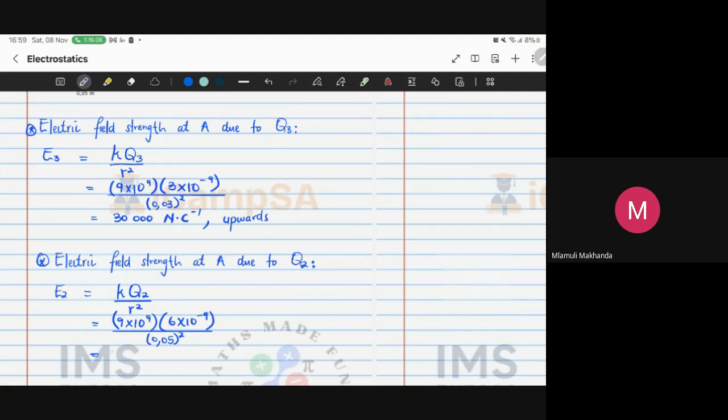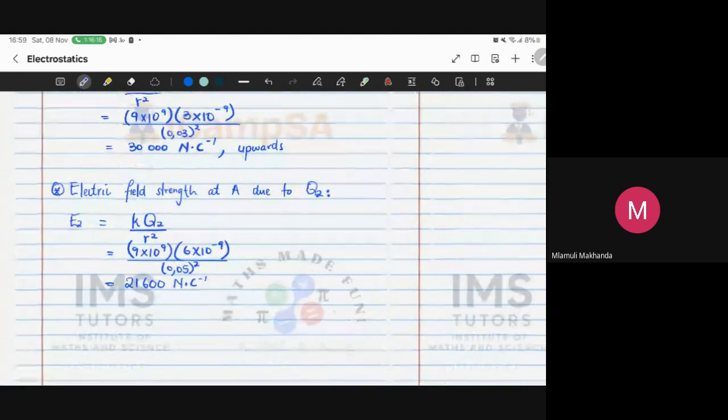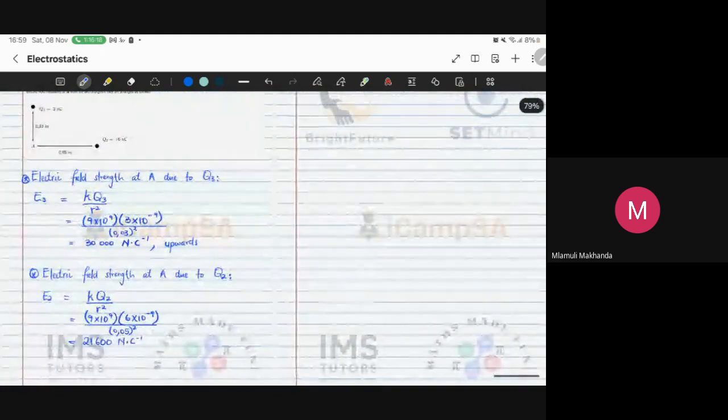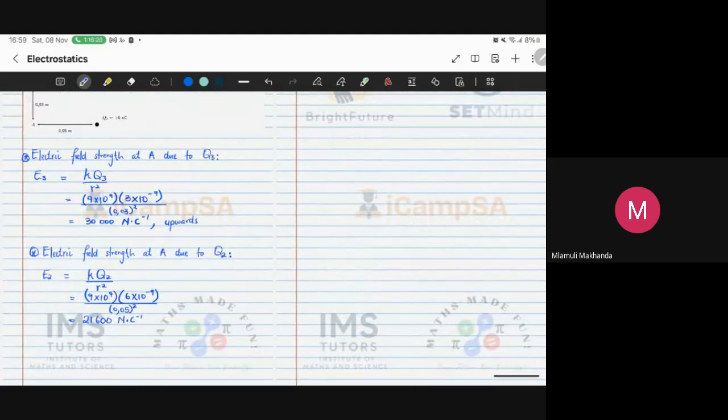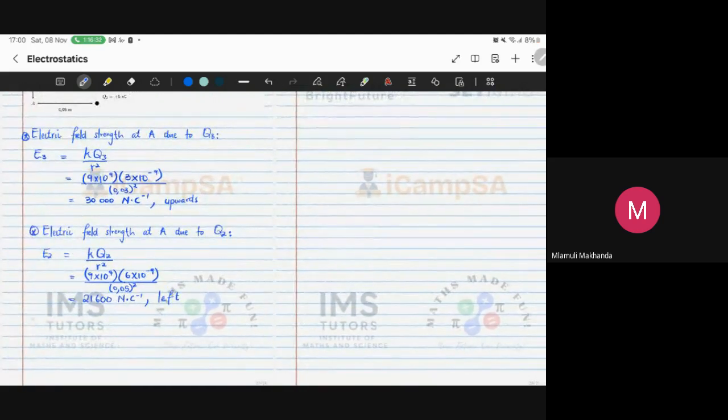So that is 21,600 newtons per coulomb. Right, so we also imagine the same thing. Imagine point A is a positive point charge. Will it be attracted or repelled by Q2? It will be repelled. So when it's repelled, it will move to the left. So we'll say left. Now let's find the net electric field.